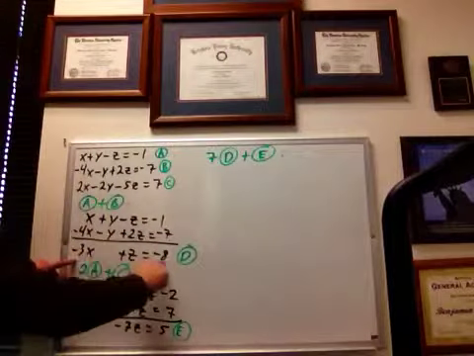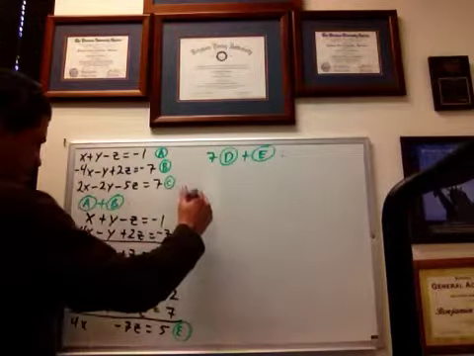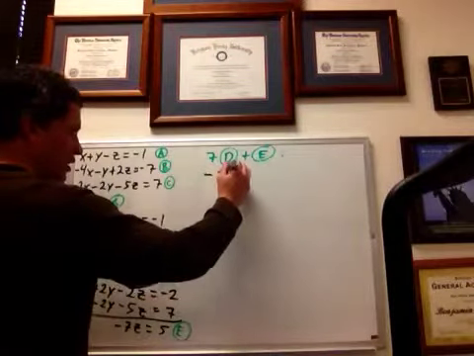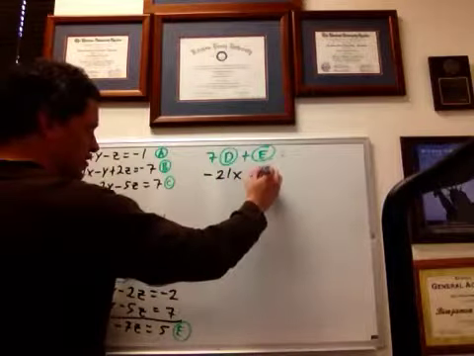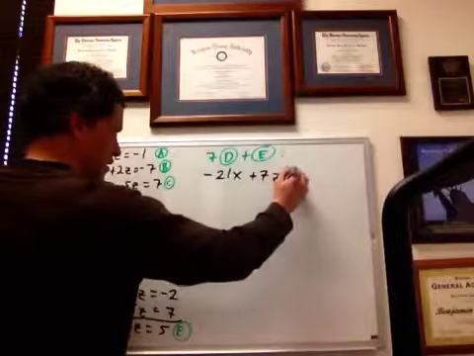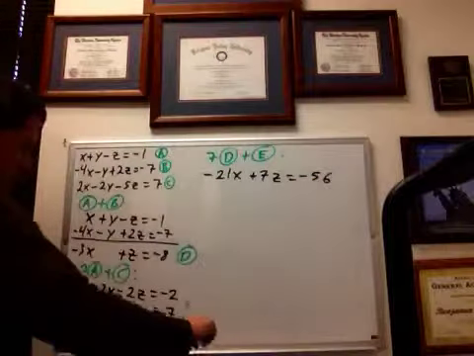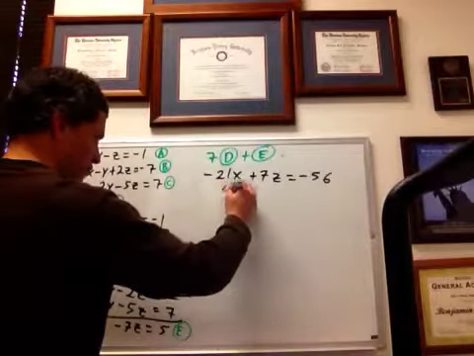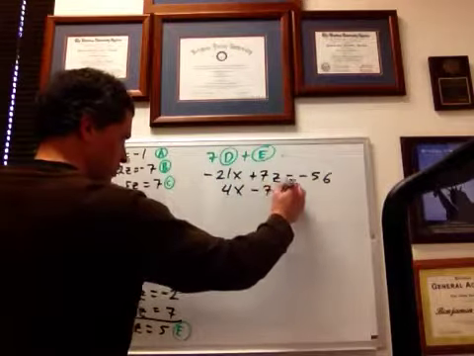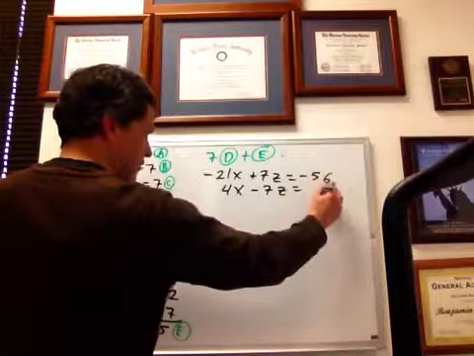So this equation D, I'm going to multiply everything through by a 7. So I got negative 21x plus 7z equals negative 56. Equation E, I've got 4x minus 7z equals 5.